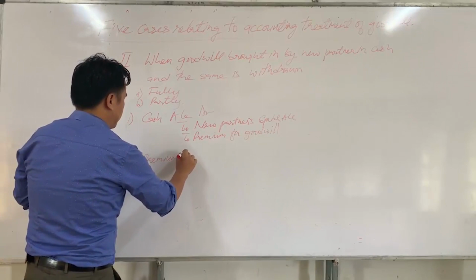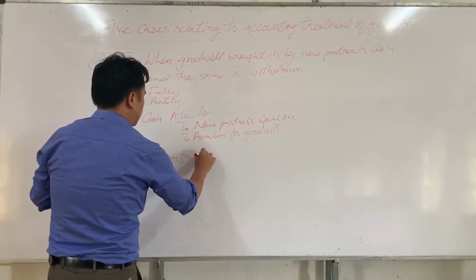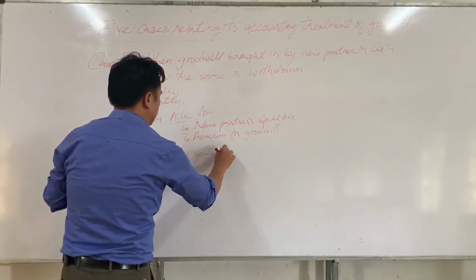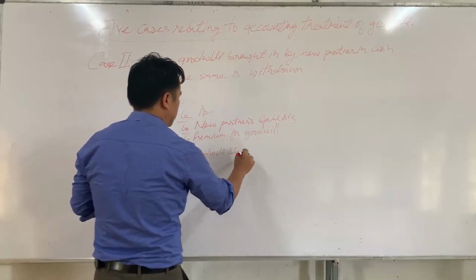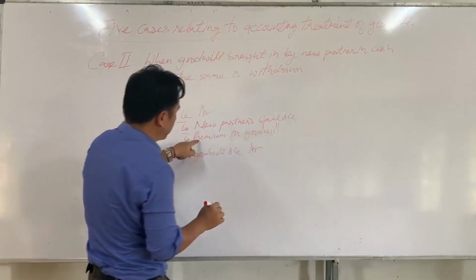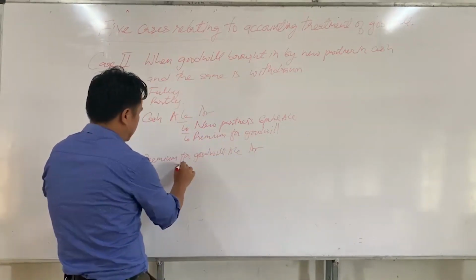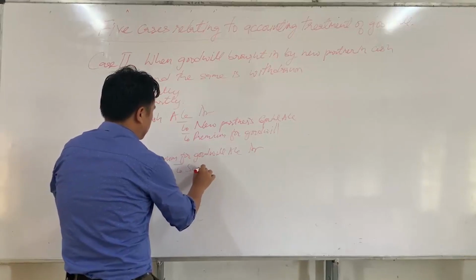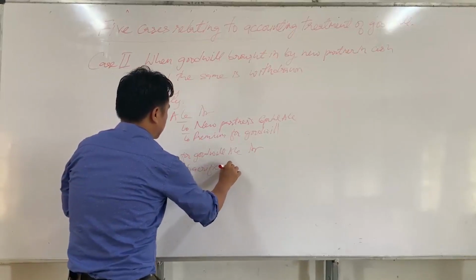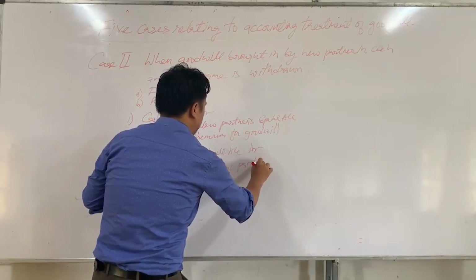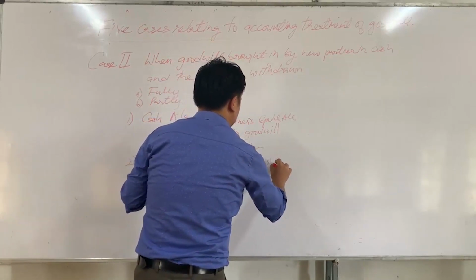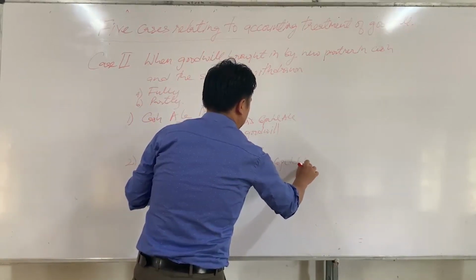Premium for goodwill account should be debited since premium is transferred to sacrificing partners, to sacrificing partners' capital account.